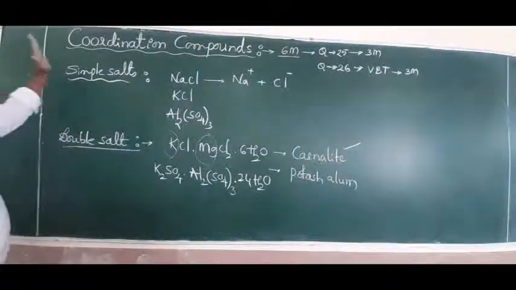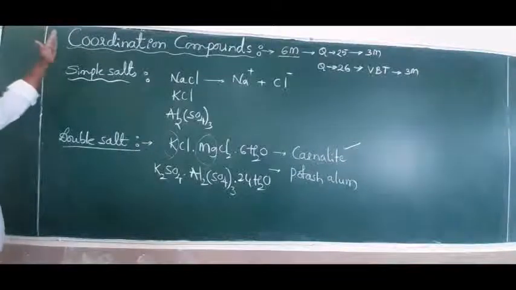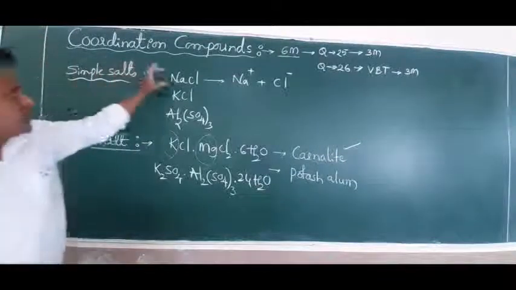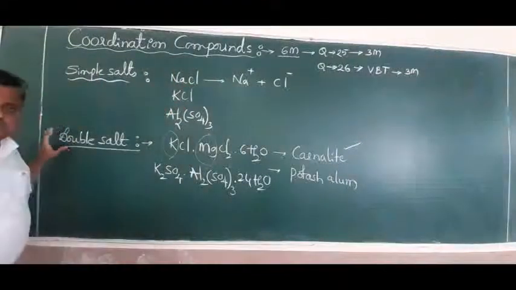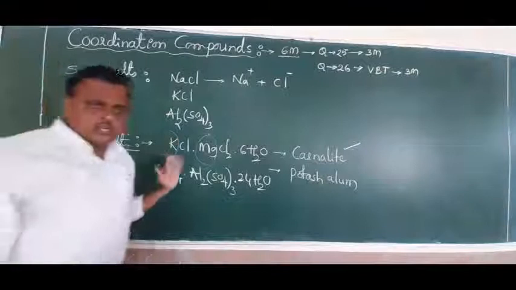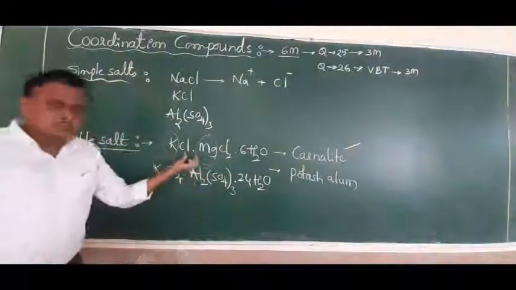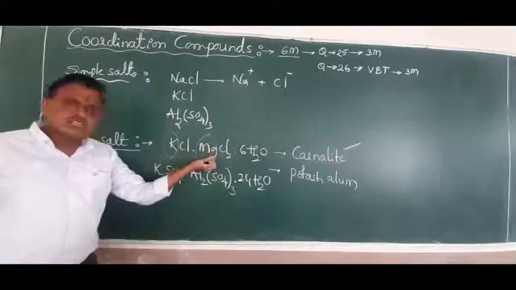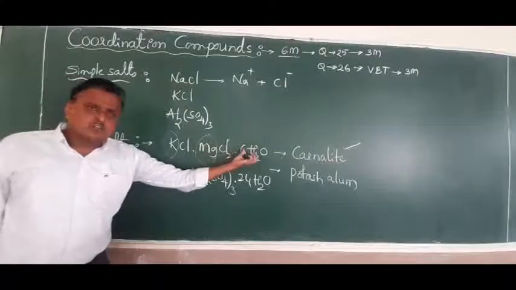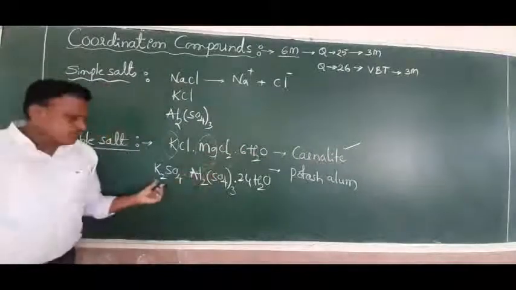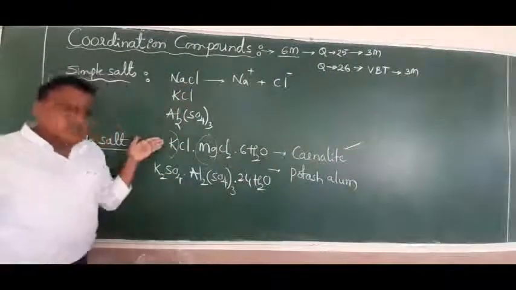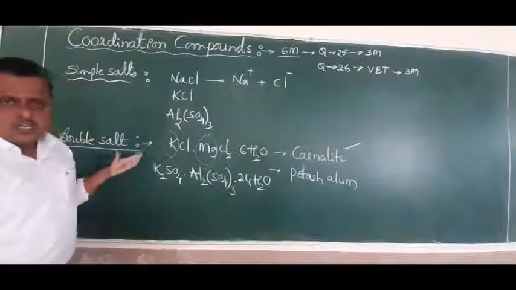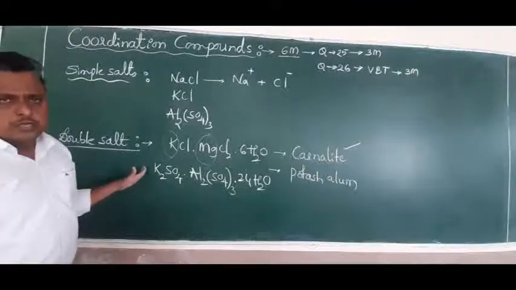I repeat: a simple salt has 1 cation and 1 anion, and a double salt has 2 cations and 2 anions, or a combination of 2 simple salts, for example KCl.MgCl2 bound with 6 water molecules, and potassium sulfate and aluminium sulfate bound with 24 water molecules. The names are carnallite and potash alum.